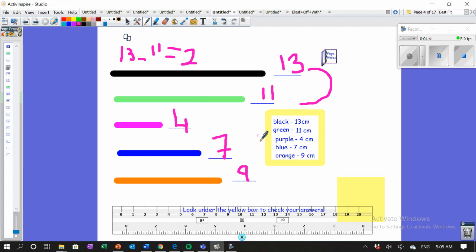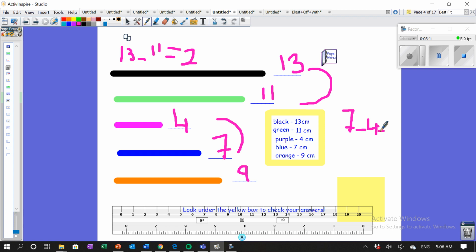If I want to find the difference between 4 and 7, and they want to tell me how many centimeters the blue is longer than the purple, so for sure here I have to find the difference. 7 minus 4.